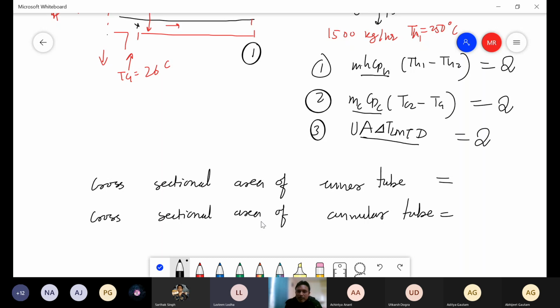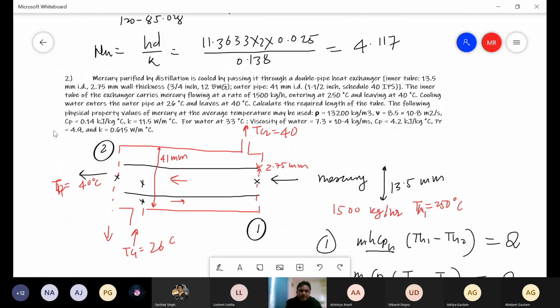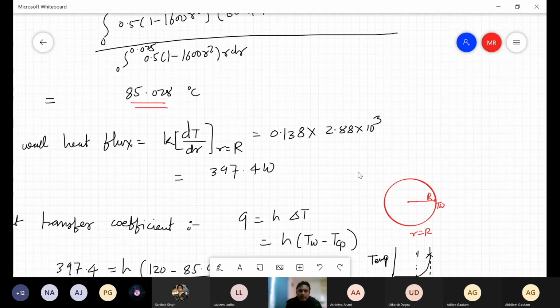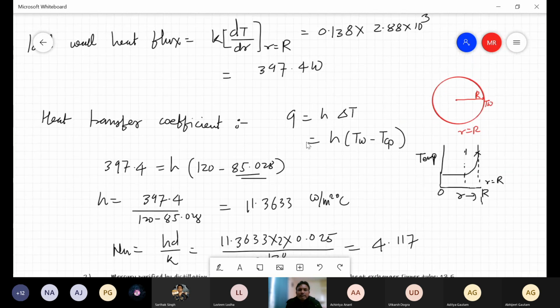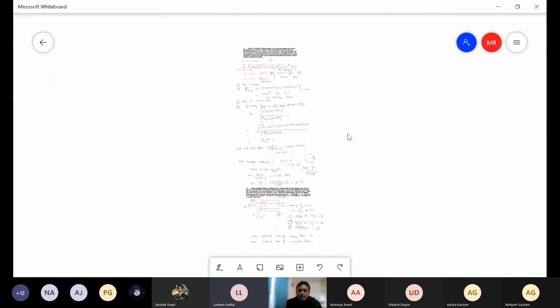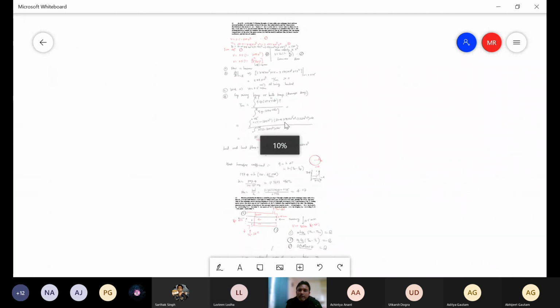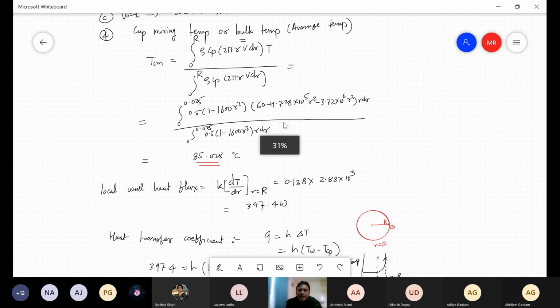Sir, I had a doubt. Sir, could you please explain why we used the bulk temperature in the previous question when we were calculating the heat transfer coefficient? Yes. So what is the heat flux?